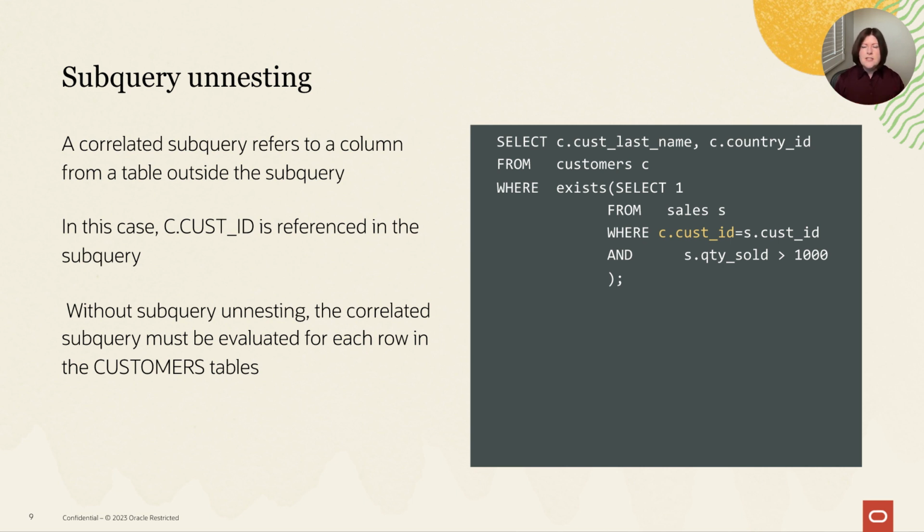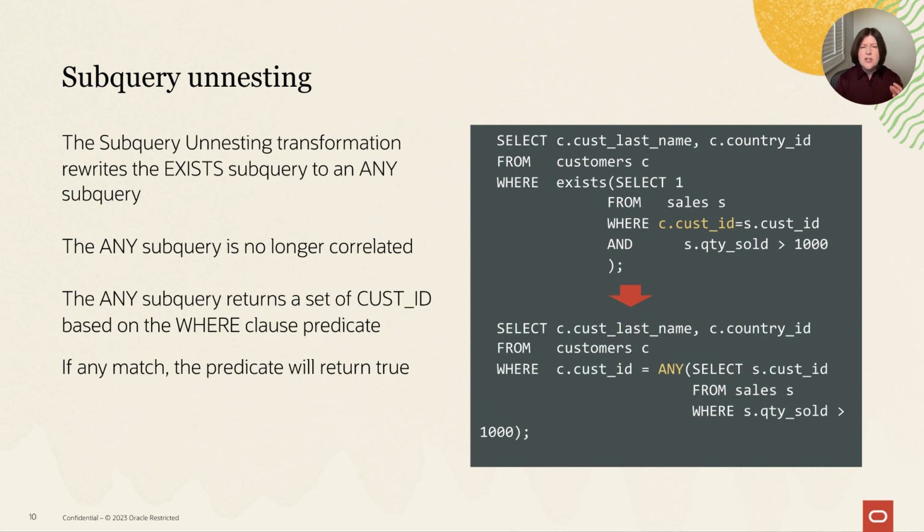So with subquery unnesting, what's actually going to happen is we're going to transform or rewrite that query to get rid of the correlated column inside the subquery. So instead of it being an exists subquery, it becomes an any subquery, and the customer ID is no longer there. What this will allow us to do is execute that subquery just once.